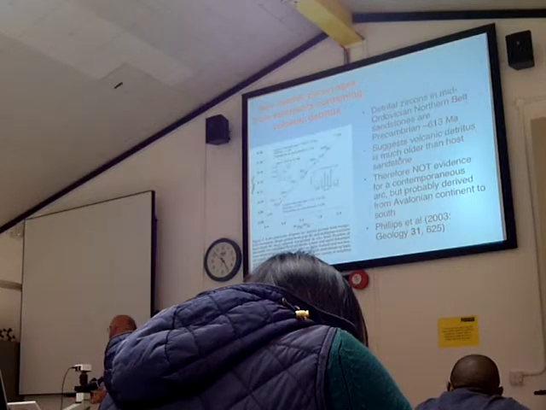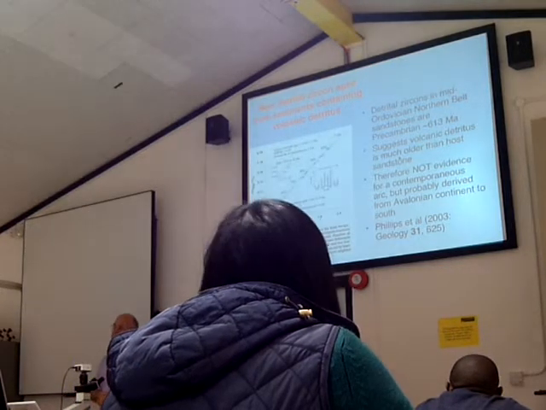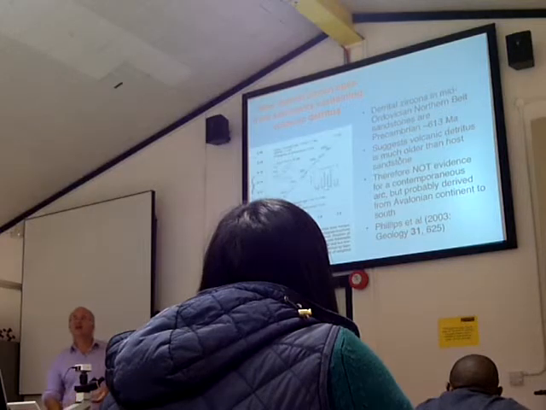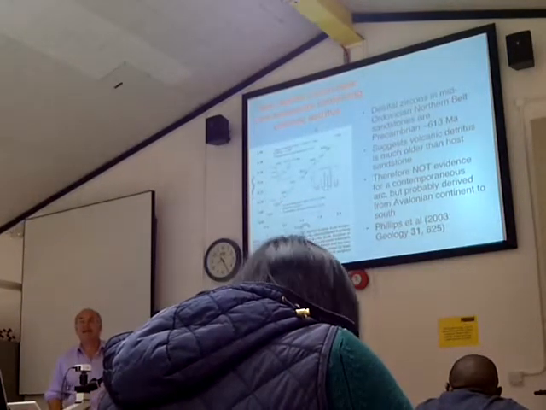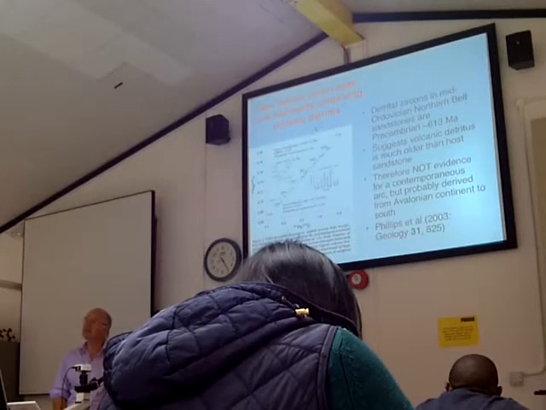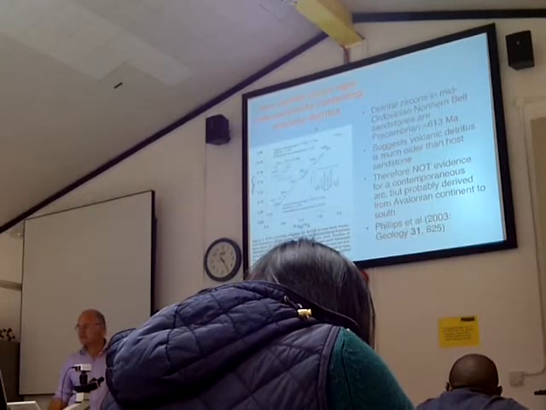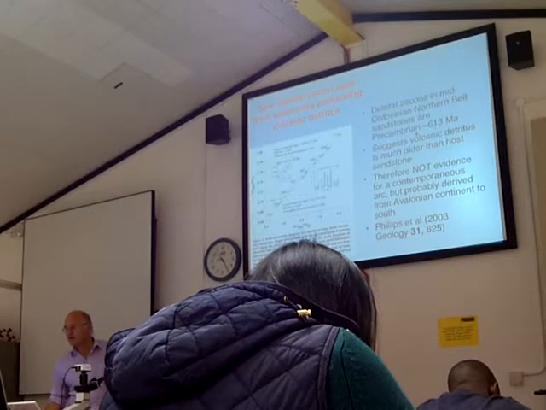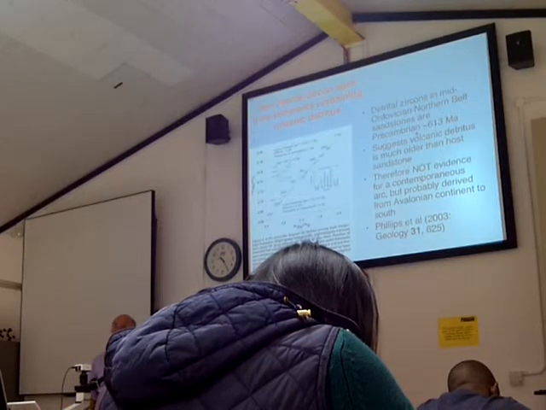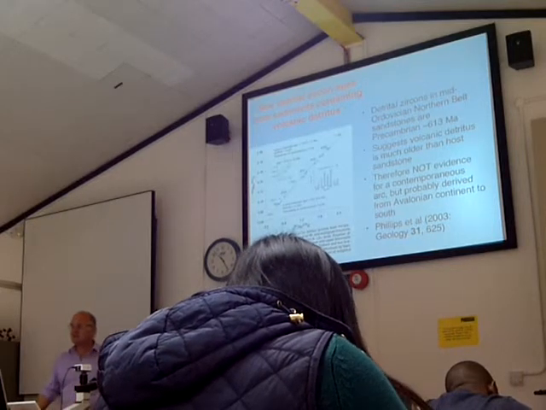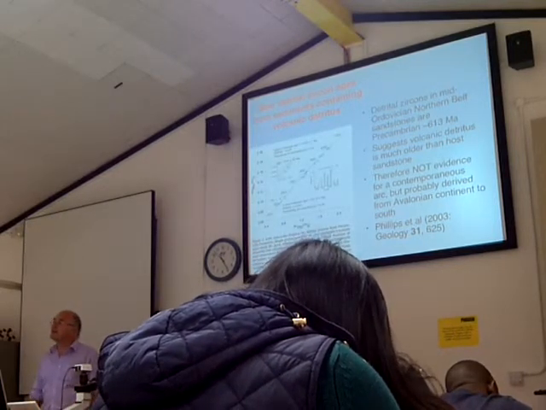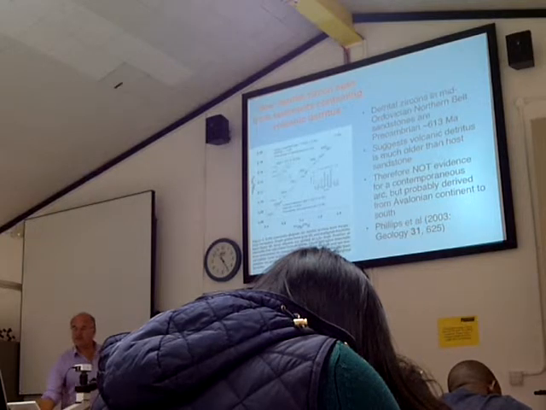There is now new evidence from detrital zircons in the turbidites that contain this volcanic detritus. The zircons associated with the volcanic detritus, with the pyroxenes, are Precambrian in age, 613 million years.